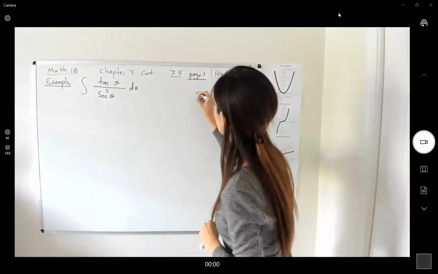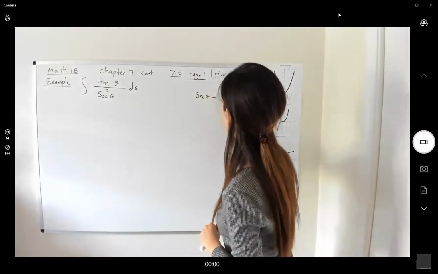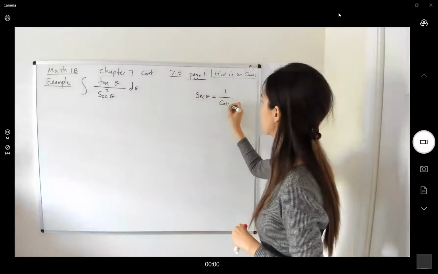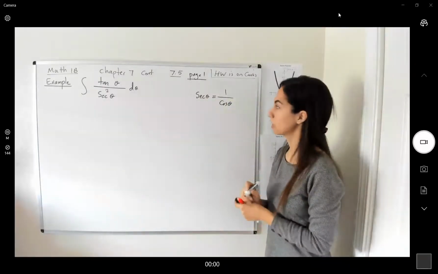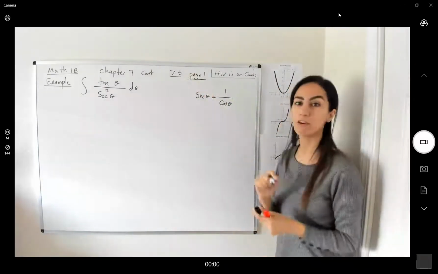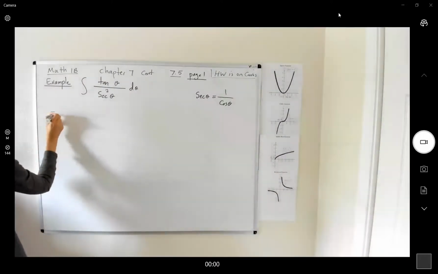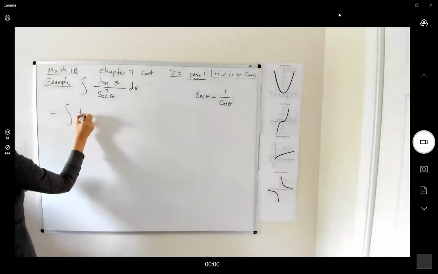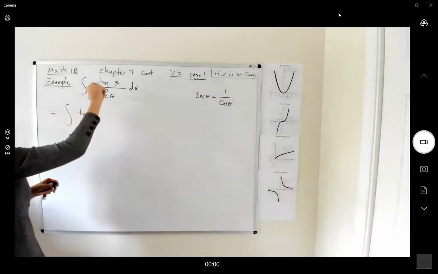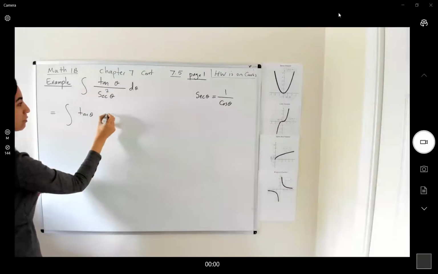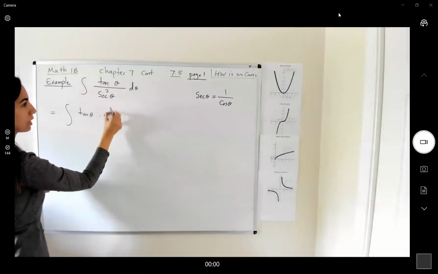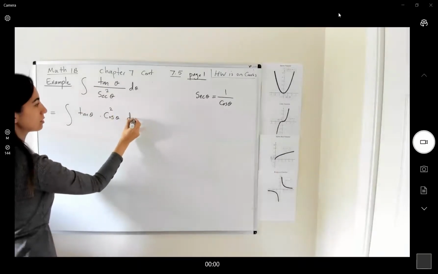Remember that secant of theta is equal to 1 over cosine theta. So you have 1 divided by secant squared. This is equal to the integral of tangent theta times 1 over secant squared, which is cosine squared of theta.